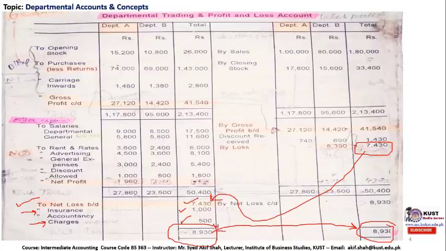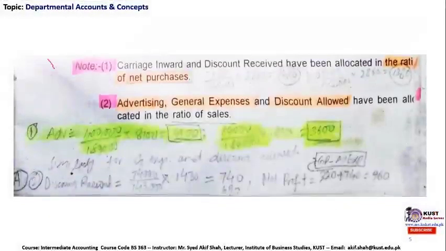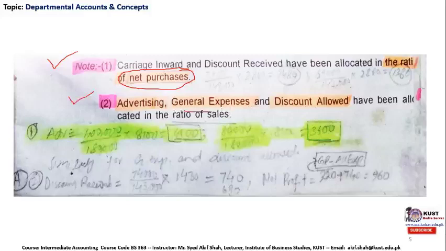This is the way you can divide the expenses. At the end of the question, we were also given certain data on how to divide carriage inward and discount received, which have been allocated in the ratio of net purchases as we have done in the question. And for advertising, journal expenditure and discount allowed, we have to divide them with respect to the ratio of sales.